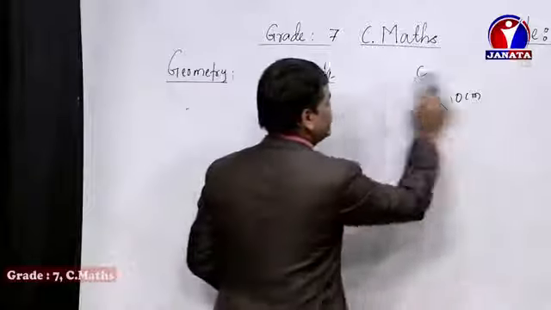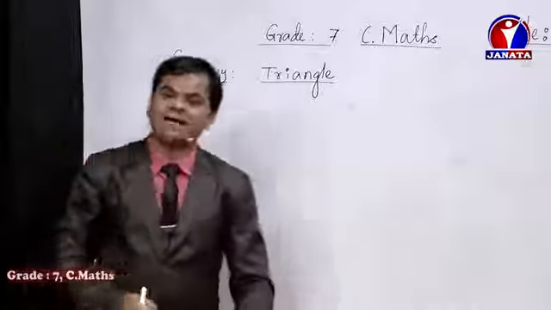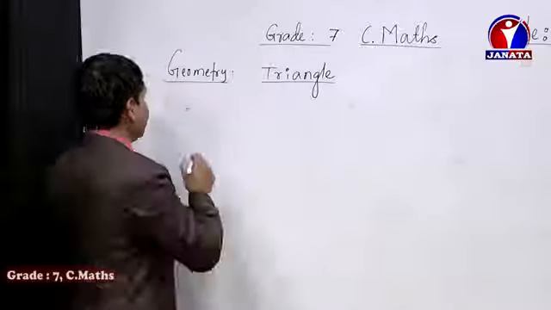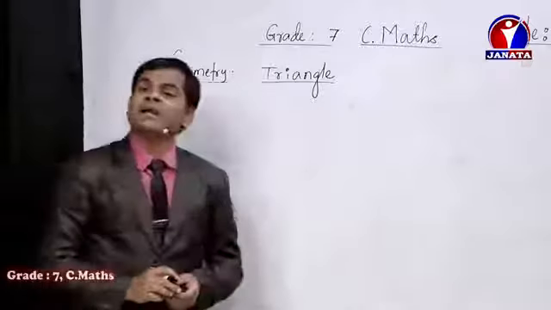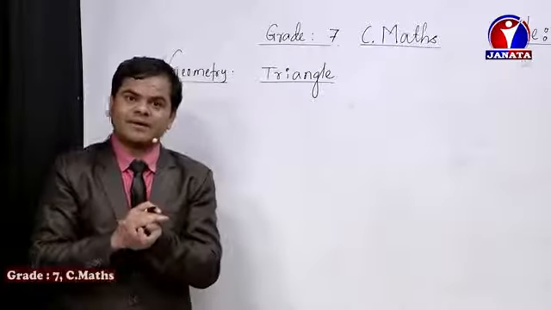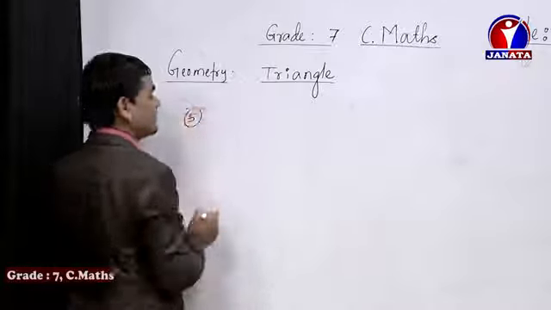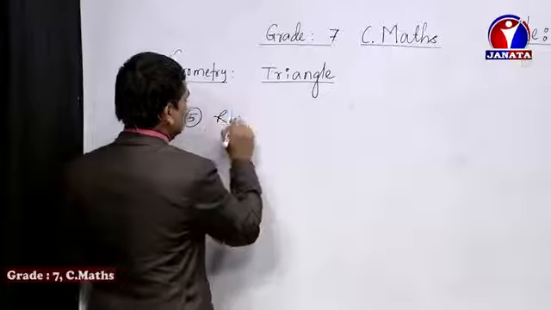Now dear students, generally people won't treat the 5th type of triangle as a type of triangle, but I also want to clarify, when the right angle triangle and isosceles triangle are combined together, mixed up, at that time another type of triangle can be formed as the 5th one.